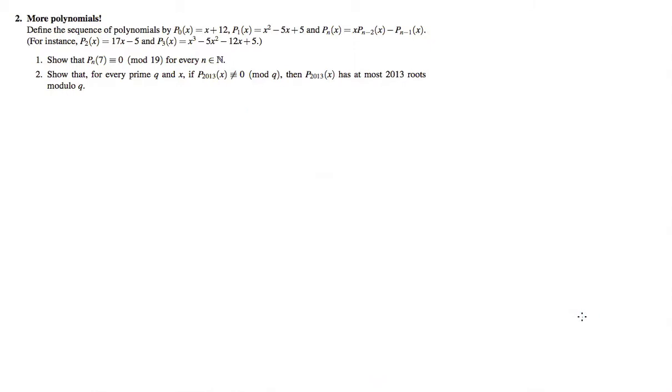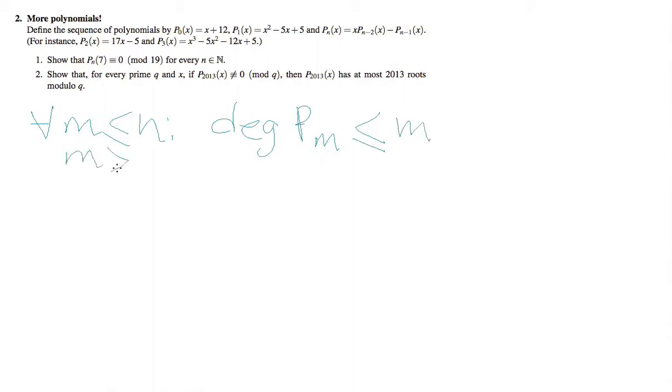So now let's go to the inductive step. So we are assuming that for every m less than or equal to n, degree of P of m is less than or equal to m. Of course, m has to be bigger than or equal to 2.